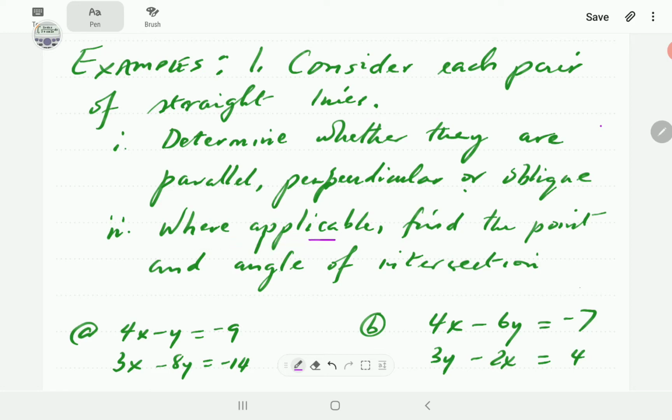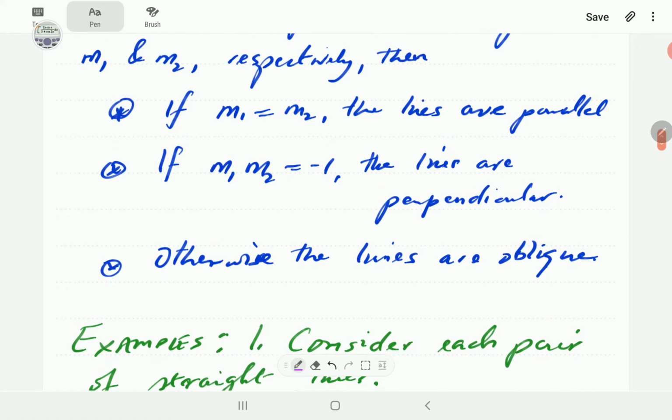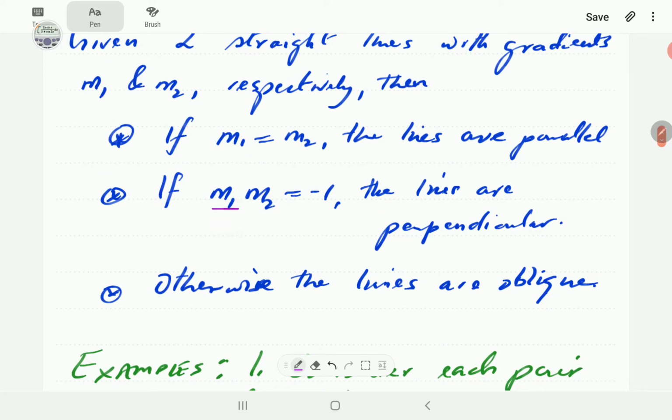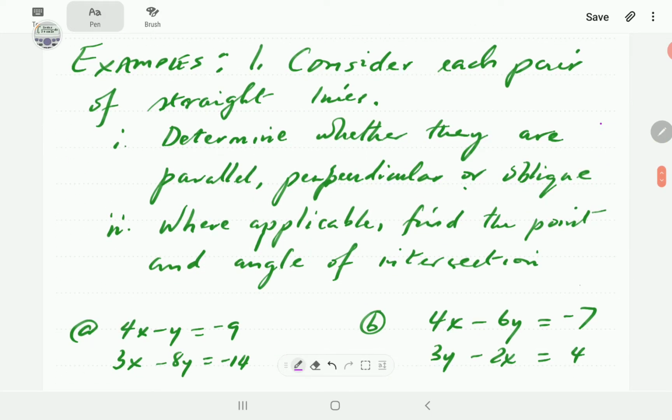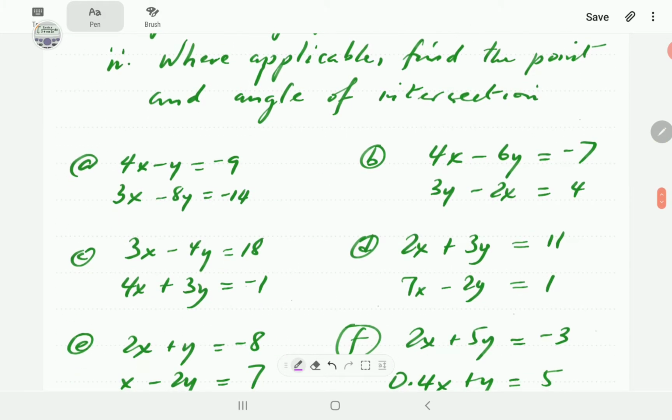Then where applicable, so where the lines intersect, we're going to find the point of intersection and the angle of intersection. So remember, this is the criterion to use to check if lines are parallel, perpendicular, or oblique. So let's get on then.